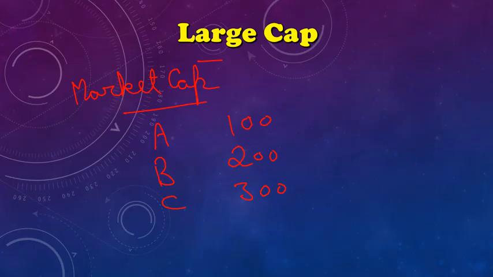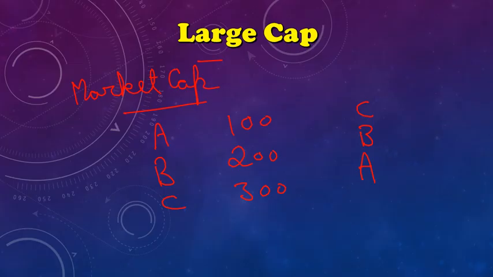Now you need to rank them with the highest one being rank 1. So C would be rank 1, followed by B, followed by A. So now you have ranked the companies based on their market cap. The company with the highest market cap is at rank 1, followed by the company with comparatively lower market cap, then the company with the least market cap out of these three.